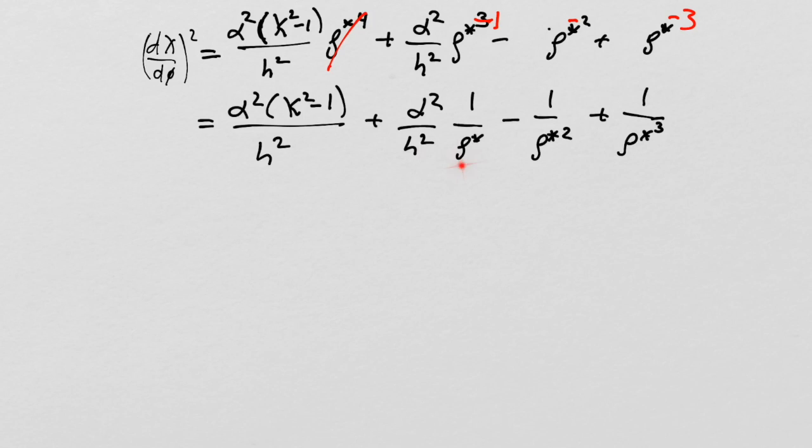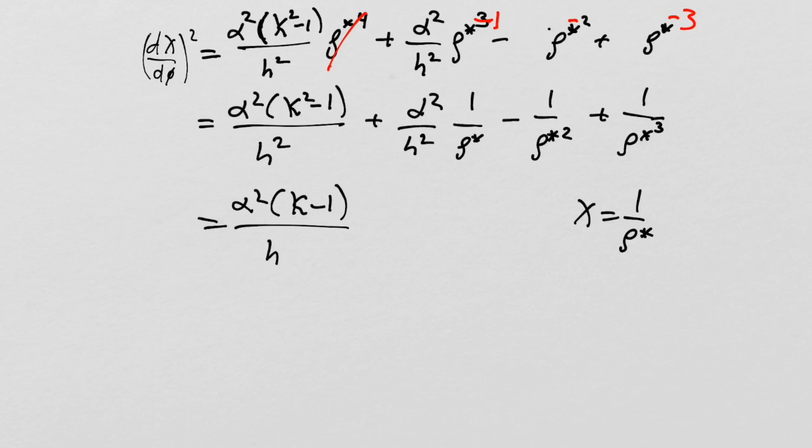Now I'm left with this, where my rho stars are in the denominator, but of course we have our substitution. Chi is 1 over rho star, right? So this is ultimately going to equal alpha squared kappa minus 1 over h squared plus alpha squared over h squared chi, minus chi squared plus chi cubed.